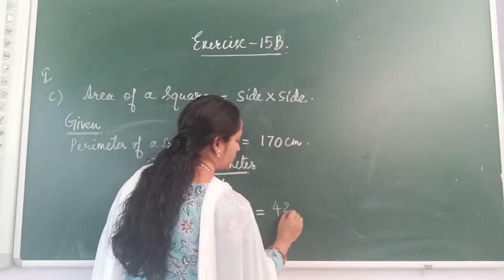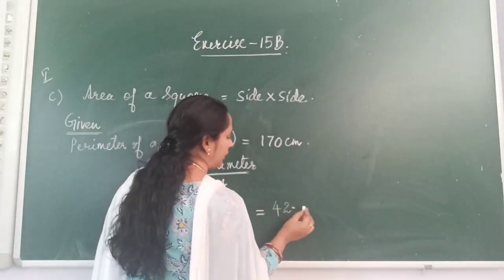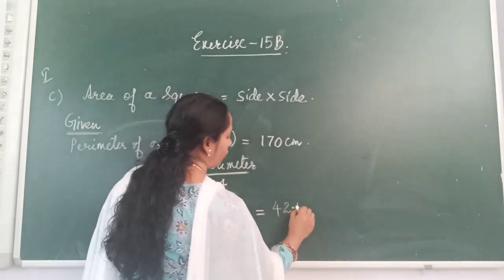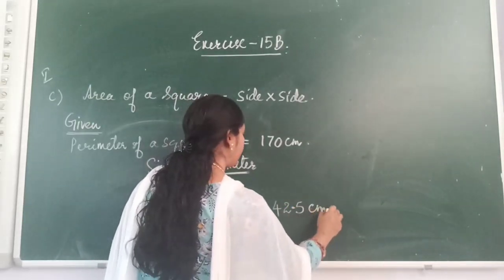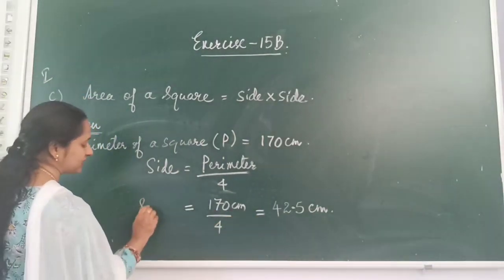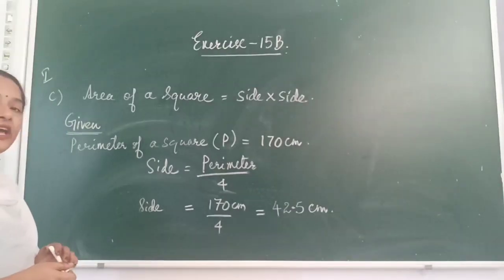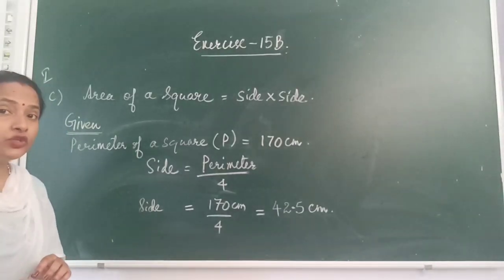So it will take 2 times. 4 2s are 8, again remainder 2. If you put a decimal point, then you get 20, 4 5s are 20. So you get 42.5 centimeter as the length of the side. So side is equal to 42.5 centimeter.